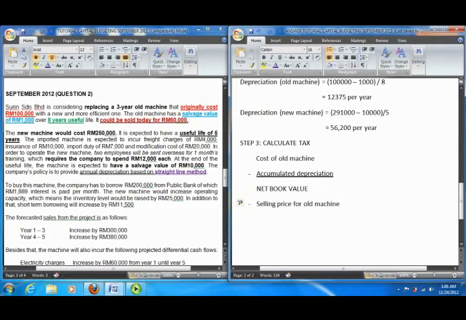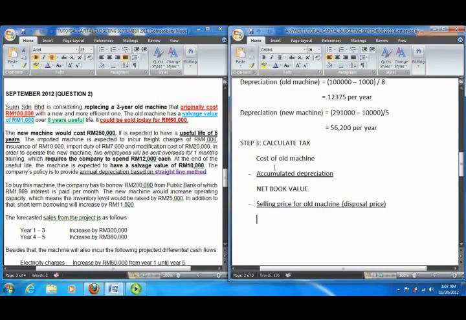We can consider it as the disposal price because you want to sell your old machine and replace it with a new machine. So the formula: cost of old machine minus accumulated depreciation, then you will get your net book value, minus disposal price, or it's considered as the selling price for your old machine, then you will get your profit.